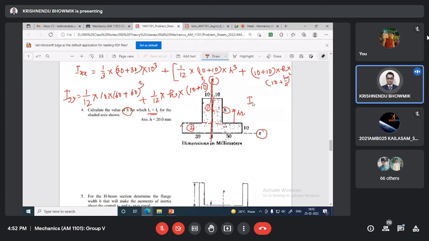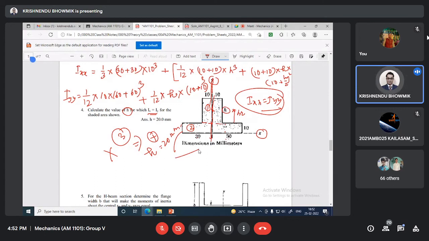Now equate IXX equal to IYY. You will get a cubic expression, and if you solve for the positive value of h, you will get 20 mm.